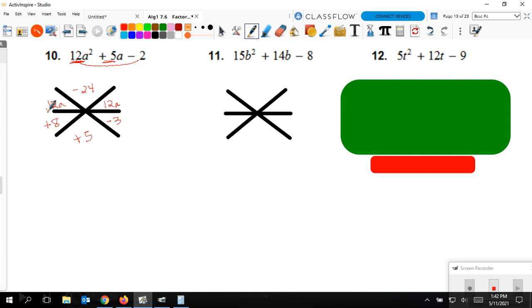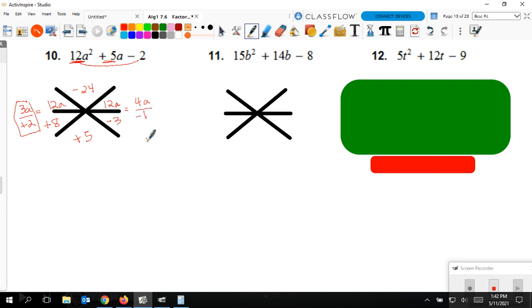Now I can reduce. 12 and 8 can reduce by 4. 4 goes into 12 3 times, that's a 3a on top. 4 goes into 8 2 times, so plus 2 on the bottom. That's reduced on that side. 12 and 3 can reduce because 3 goes into 12 4 times, so 4a on top, and 3 goes into itself just once, so negative 1 on the bottom.